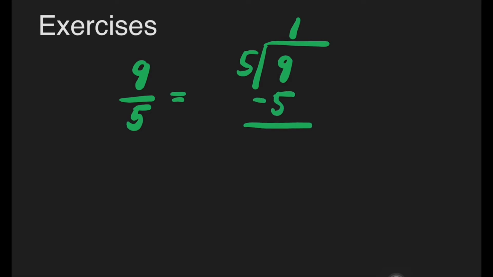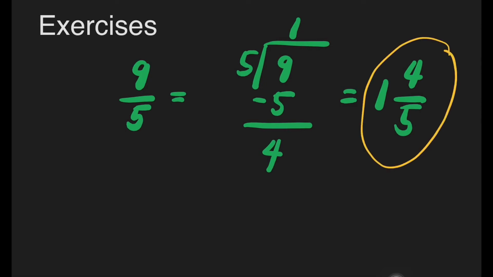So we divide 9 by 5. How many 5's are there in 9? That's 1. 1 times 5 is equal to 5, and we subtract 9 minus 5 is equal to 4. Then we're done. The answer would be 1 and 4/5.